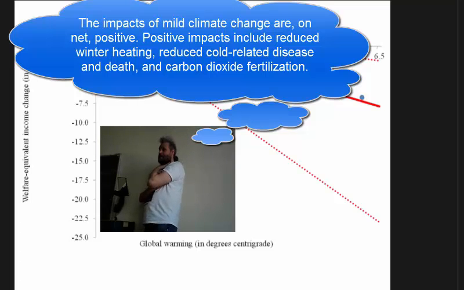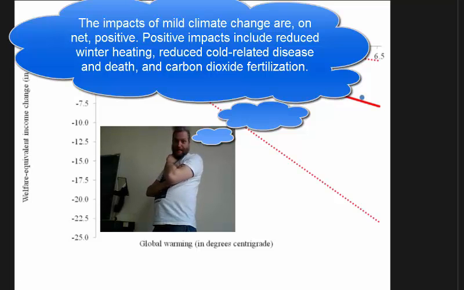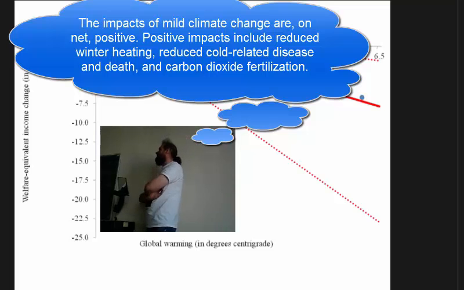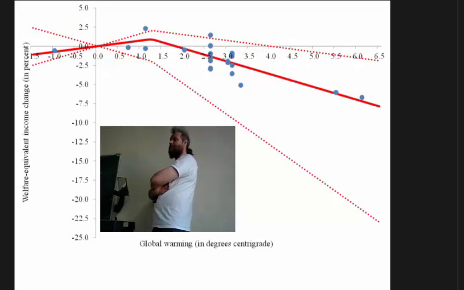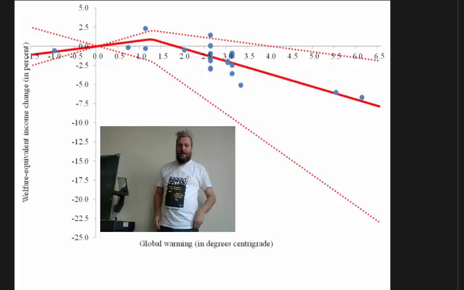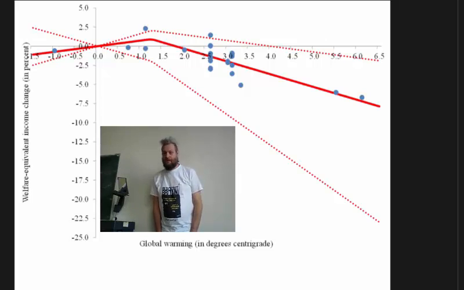So we also see improvements in agriculture. But then as the place gets warmer and warmer and warmer, the negative impact of climate change starts to dominate. These initial benefits are no ground for subsidizing greenhouse gas emissions, because they're sunk benefits.